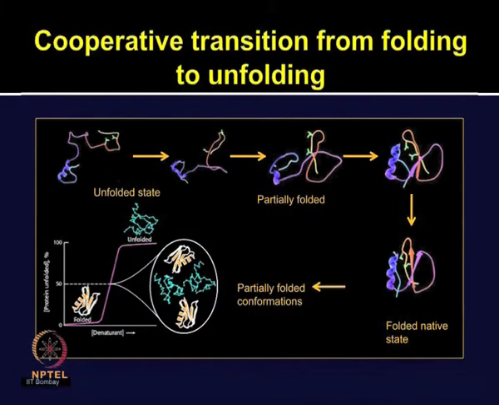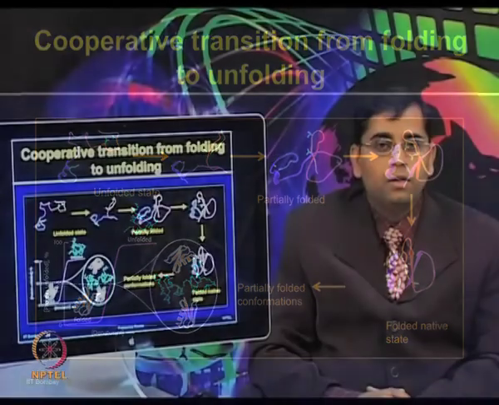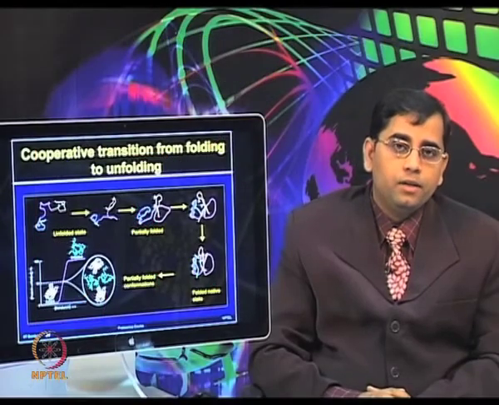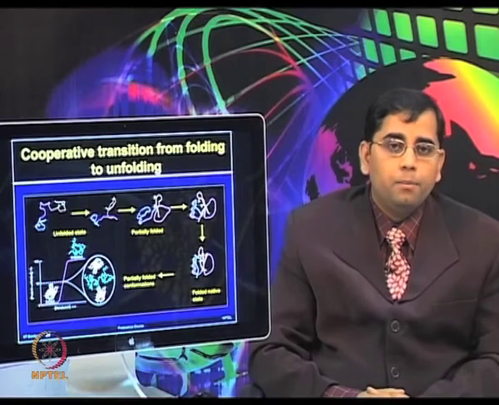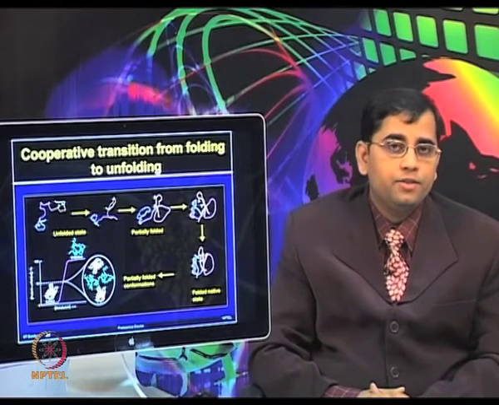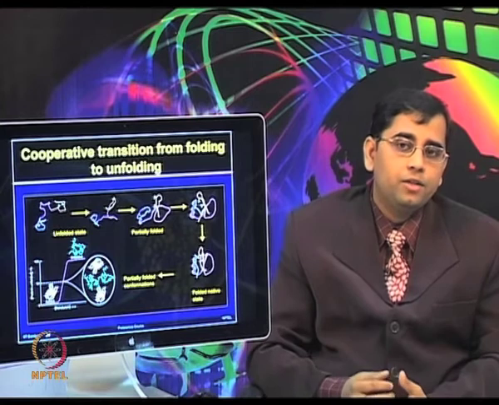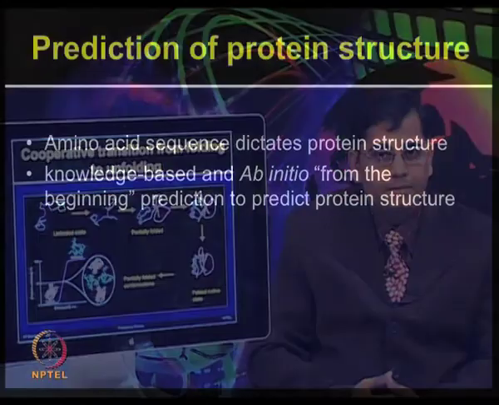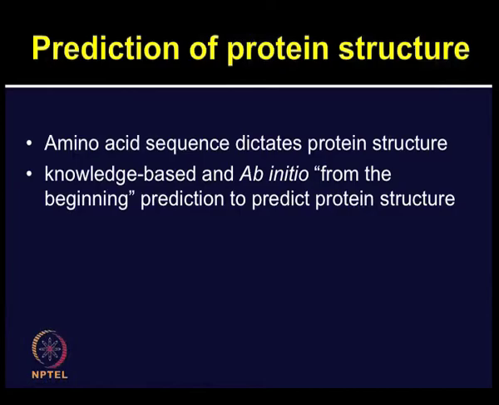So, let us see in this slide how cooperative transition occurs from folding to unfolding. Folding is a cooperative process which arises from simultaneous formation of multiple interactions within a polypeptide chain. Taken individually, each interaction is weak, but their cooperative formation drives polypeptide chains towards the folded state. So, how do we do structural prediction of proteins?